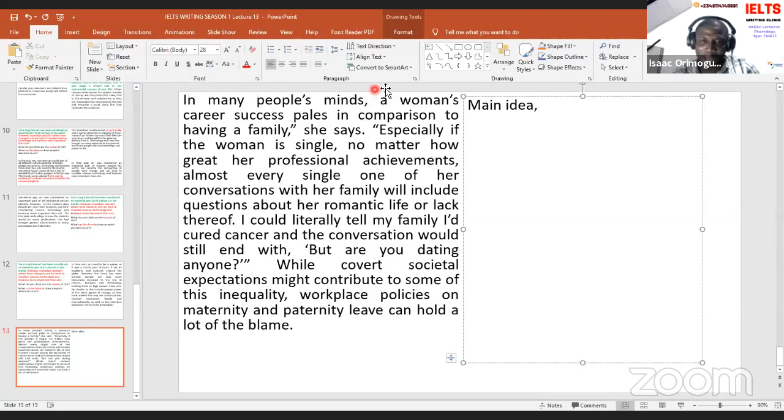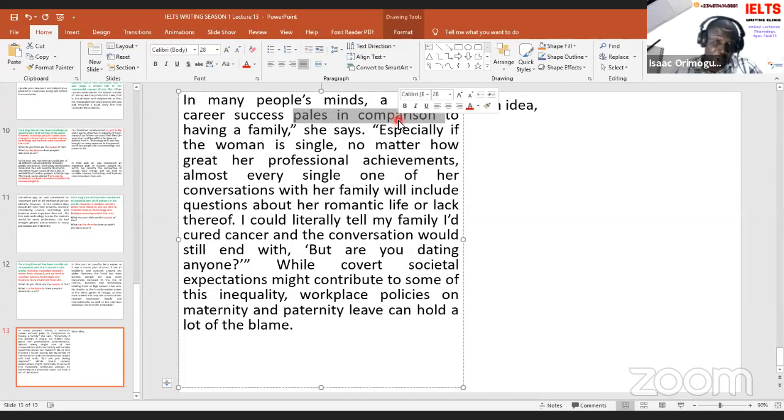In many people's minds, a woman's career success pales in comparison. You can see our success is expected to pale in comparison to men's success. Comparison to having a family, she says, especially if the woman is single, no matter how great her professional achievements, almost every single one of our conversations with our family will include questions about our romantic life or lack thereof.